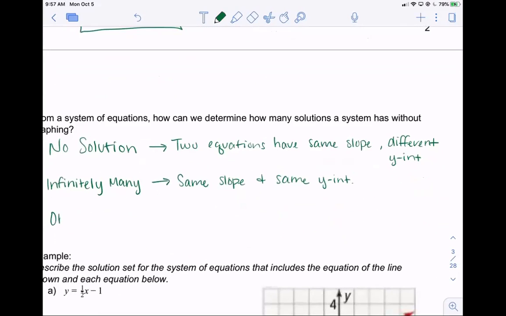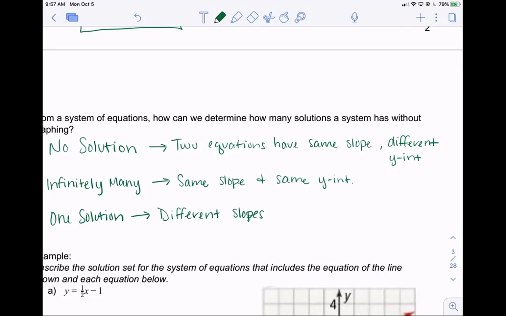So one solution is going to occur when they have different slopes. They could have the same y-intercept. If they have the same y-intercept, that's the point of intersection. So that would be their solution.